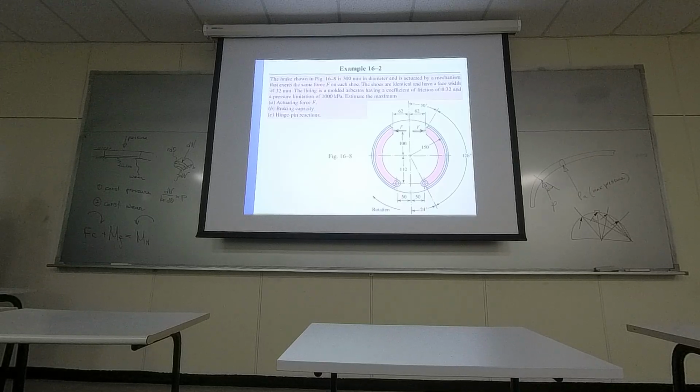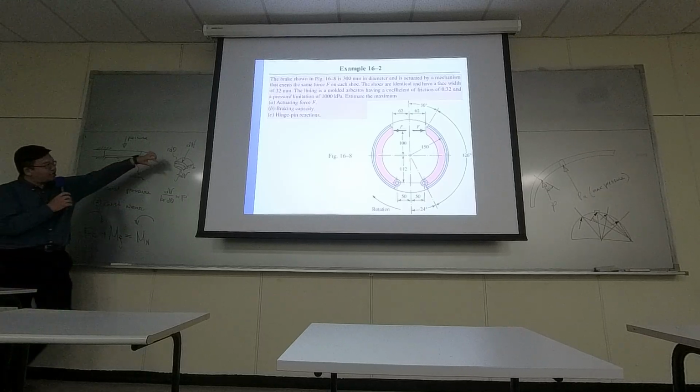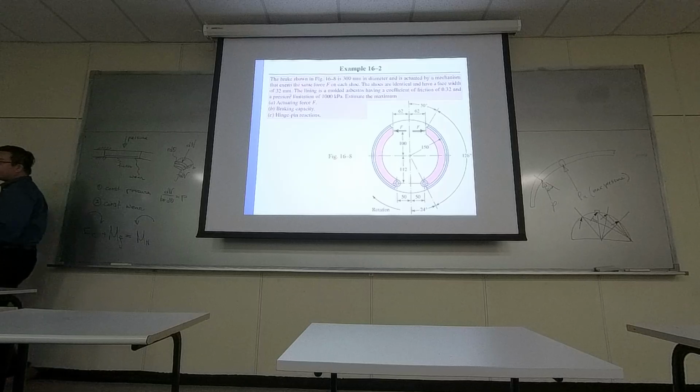So right here, there's an example. In this case, it's a brake. It has a diameter of 300 millimeters, and there's a mechanism that applies the same force F on both sides, and the left and the right are identical, and there's a face width of 32. So basically, right here, this B is 32.